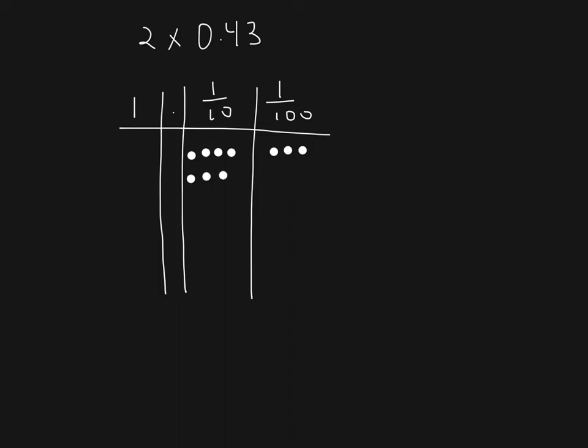So I'm going to duplicate it. And then I'll take a look and see what my totals in each column are. It looks like I've got 8 in the tenths place and 6 in the hundredths place. Still have 0 in the ones place, so my answer will be 86 hundredths.